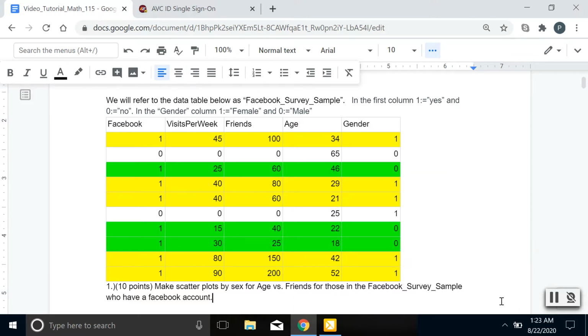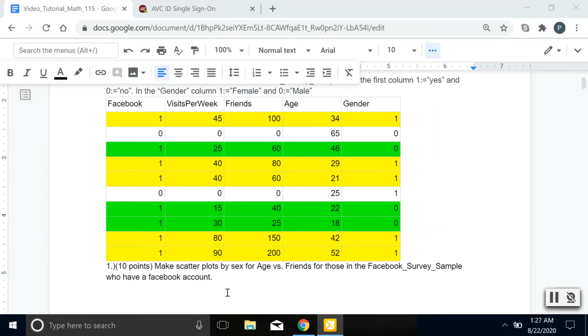Okay, so now let's start listing these ordered pairs, these points that we're going to have to graph. So I've got the men and women here. I'm going to write it like this, curly bracket, in parentheses. Let's look at the men in green here. We have ages and friends, so ages is going to be on the x, friends will be on the y. The first point is (46, 60).